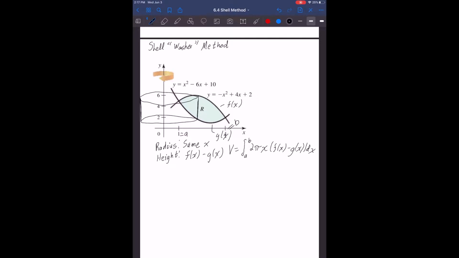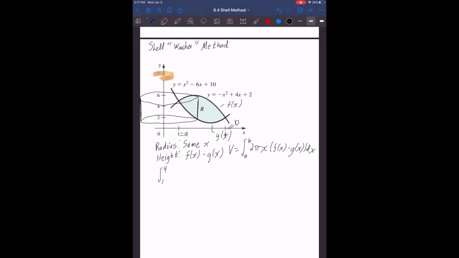One reason we might want to use the shell method rather than the regular washer method is that you can't really take this x squared minus 6x plus 10 and figure out a function in terms of y instead of x. You could do it, but it would be very difficult. So this is much easier since we don't have to take these inverse functions.